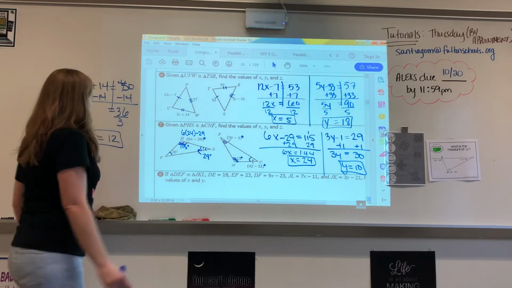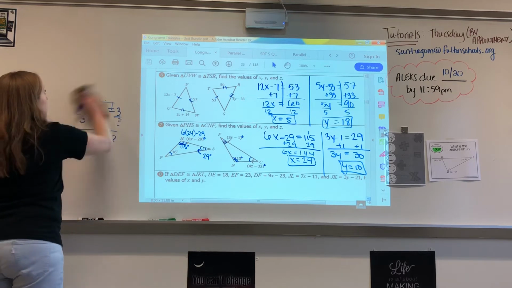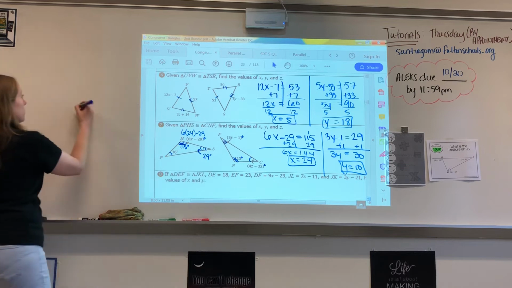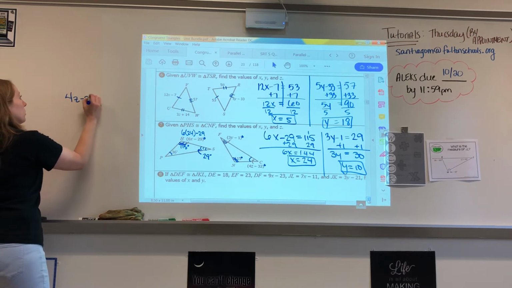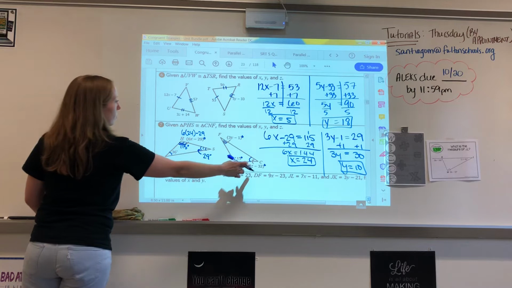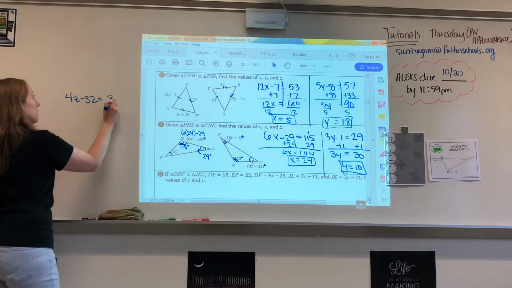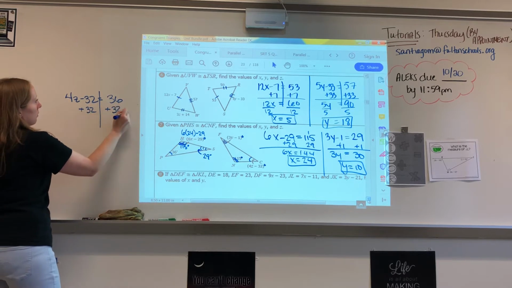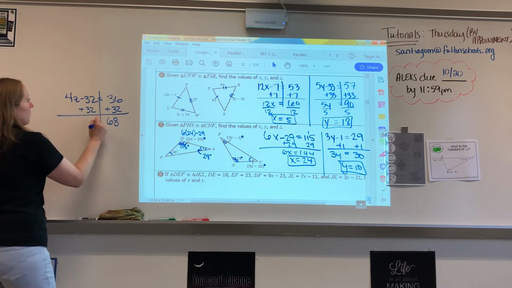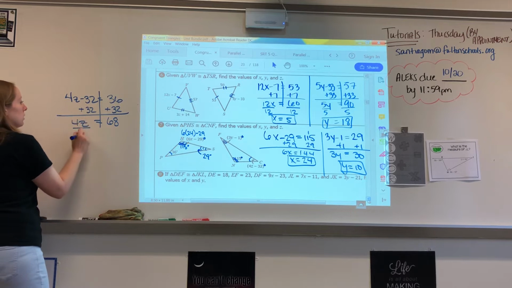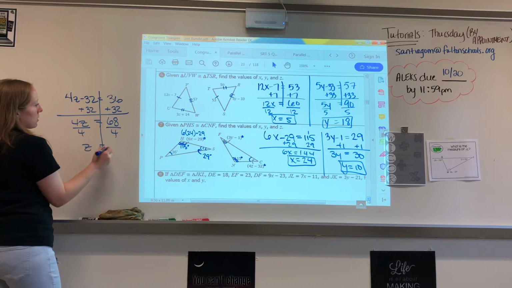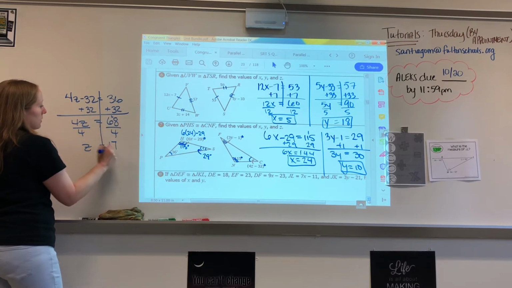Okay? All right, let me erase this. We'll find z. Let's see here. Z is 4z minus 32. Set it equal to 36. So opposite subtract is add. I get 68. Set equal to 4z. Divide by 4. 4 goes into 6 once with 2 left over. 4 goes into 28 7 times.